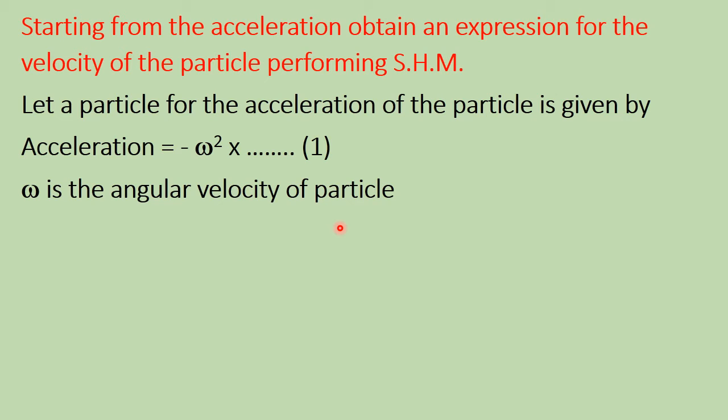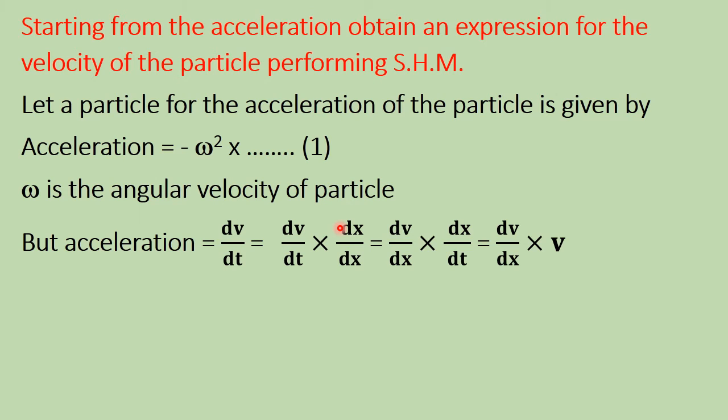In this equation, omega is the angular velocity of the particle and x is the displacement of the particle. The negative sign indicates the direction of acceleration, which is opposite to that of displacement.